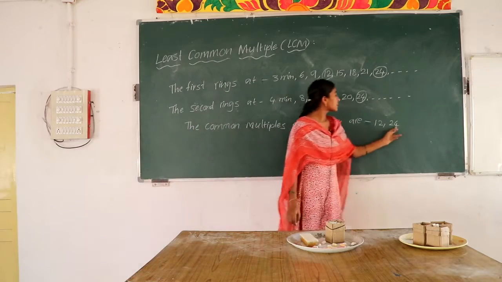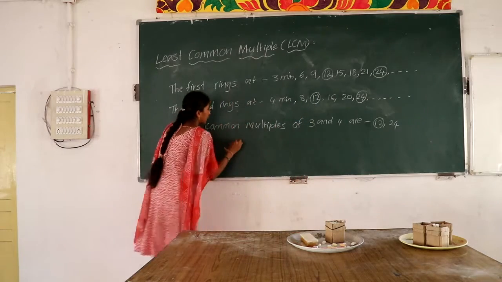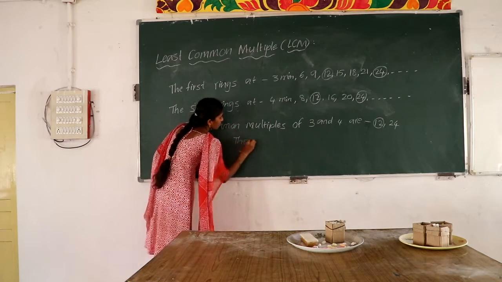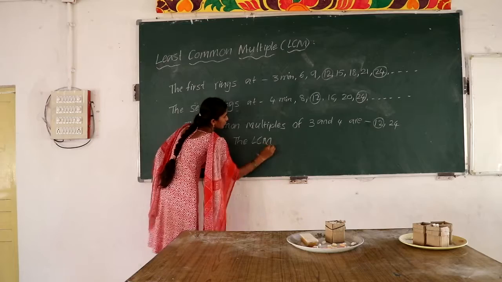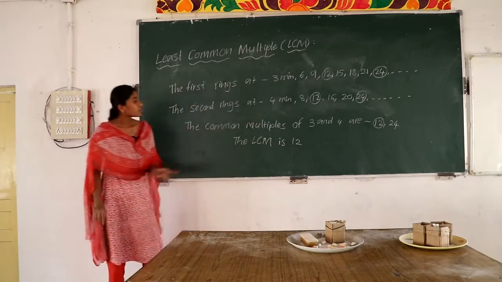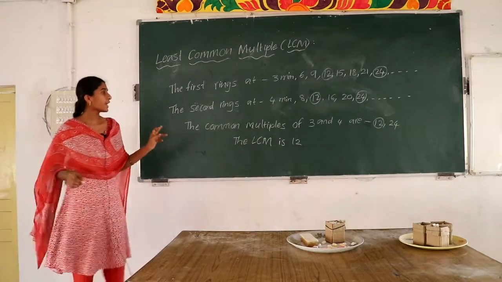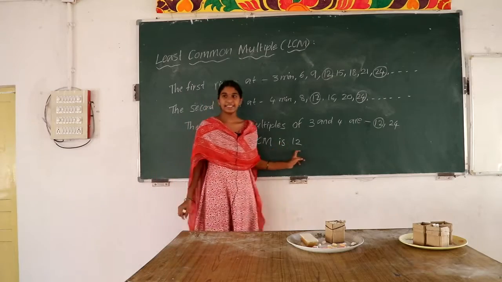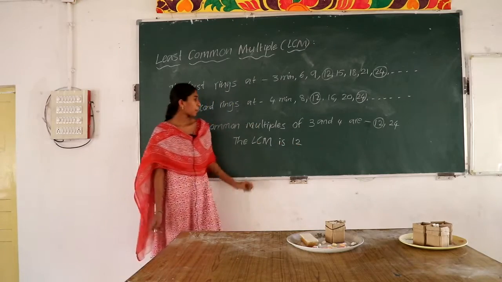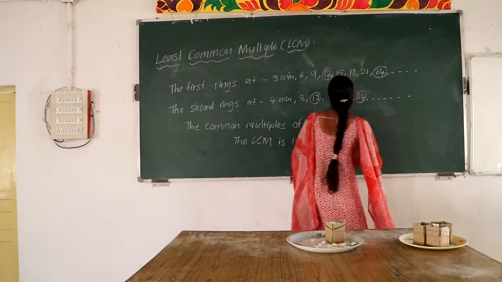In these two numbers, which is the least number? 12. So the LCM is 12. The bells ring together again at every 12 minutes. Is it clear?